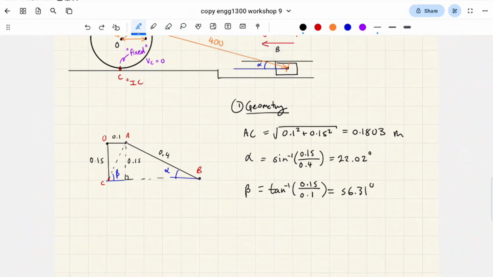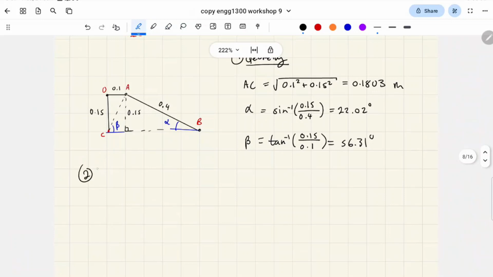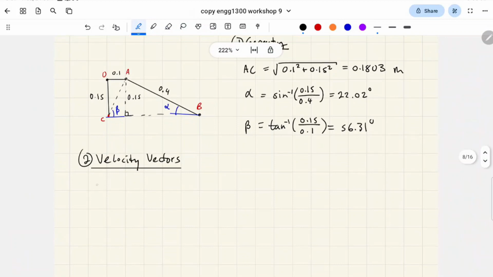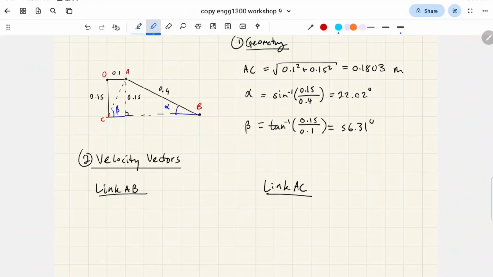Now I want to draw out the velocity vectors, and we'll draw it for link AB as well as AC. In other words, I'm going to be drawing it for this one.